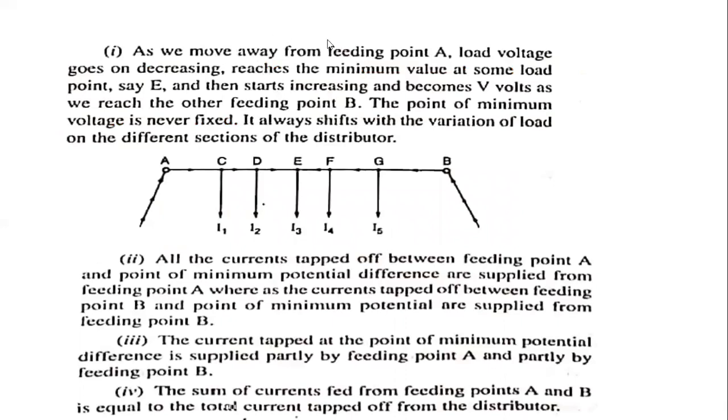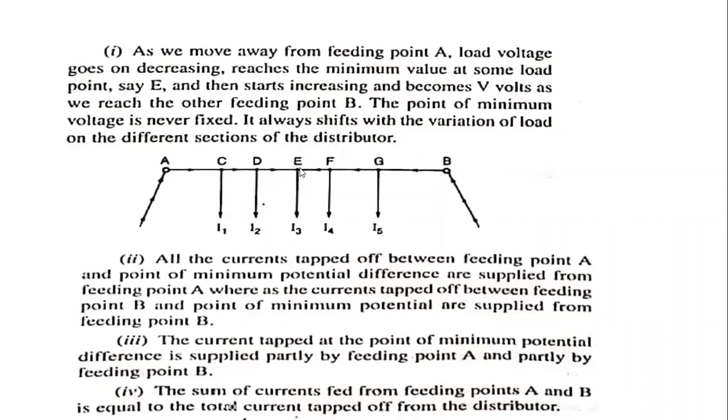As we move away from the feeding point A, this is feeding point A and this is feeding point B, as we are moving from A to B, the load point voltages go on decreasing and reach the minimum value at some load point, say the E point.